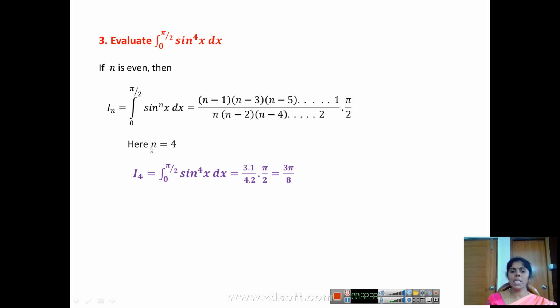In this case, n equals 4. So, k equals pi by 2 I can consider. In equals integral 0 to pi by 2 sin to the power 4 of x dx, which is equal to 4 minus 1 is 3 divided by 4 into 4 minus 3 is 1 divided by 4 minus 2 is 2 into pi by 2. Simplify. We get the result 3 into pi divided by 16.